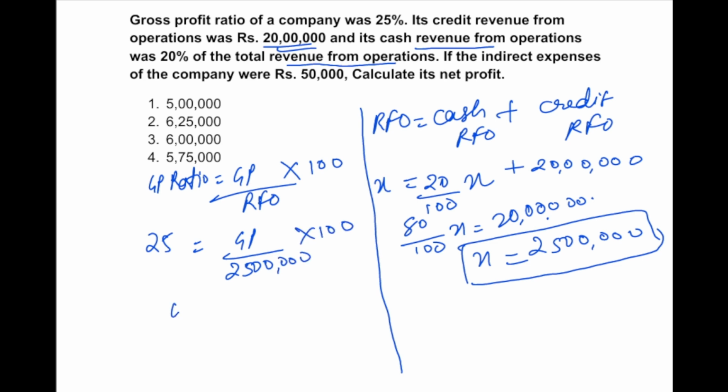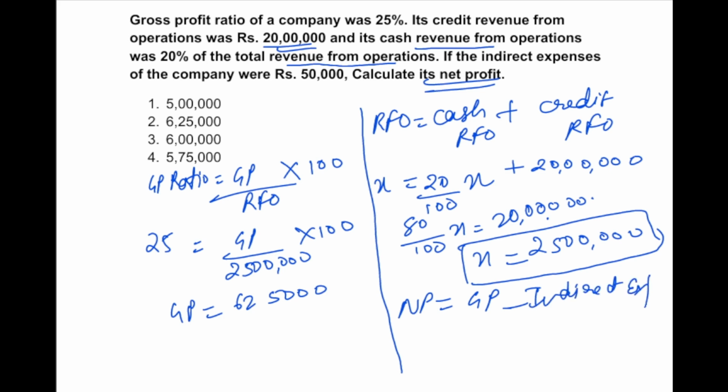From this we can find out the value of GP. It will come out to be 6,25,000 and we have to tell net profit. Formula for net profit is GP minus indirect expenses. We'll put the values in the formula. GP is 6,25,000. Indirect expenses are given to be 50,000. So it will be 5,75,000. Option number 4.